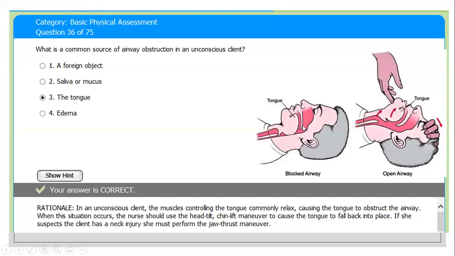So in the first picture, we can see the airway blocked because of the tongue, right? But when the chin is lifted with head tilt, it can prevent the tongue from falling back and causing the obstruction. If she suspects the client has a neck injury, she must perform the jaw thrust maneuver.